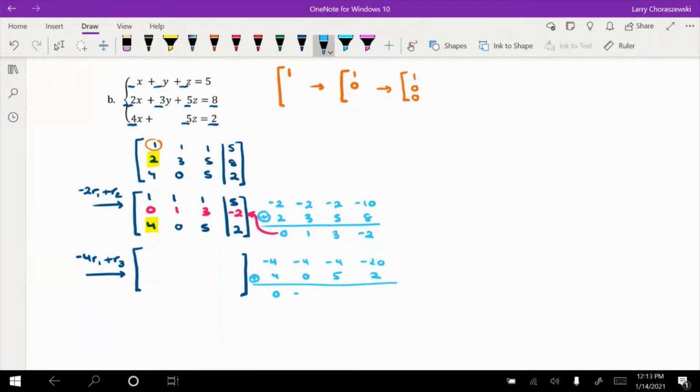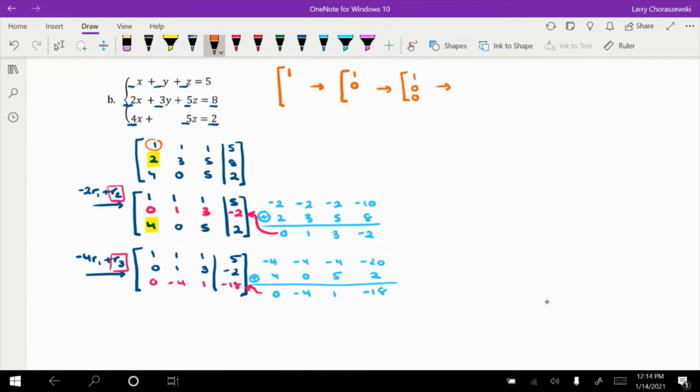So we'll have 0, negative 4, 1, and negative 18. And these are going to be the new entries of row 3, because the row notation that comes after the plus sign is the affected row. So 0, negative 4, 1, and negative 18. And we'll use our most recent row 1 and row 2 to fill out the rest of this matrix. And that takes care of our first column.